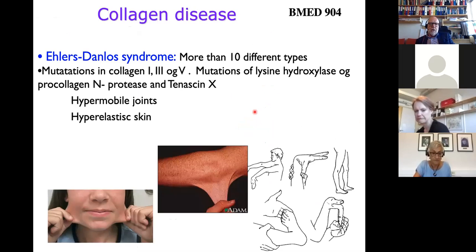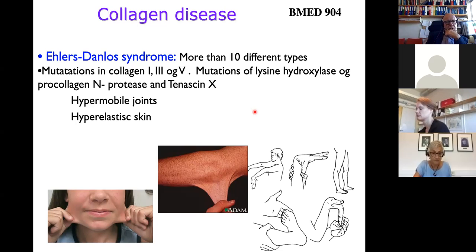Just a few words about collagen diseases. The genes for the individual alpha chains are large, so there is ample room for mutations, but these mutations are relatively rare still. The diseases that you are affected by are put into different categories.